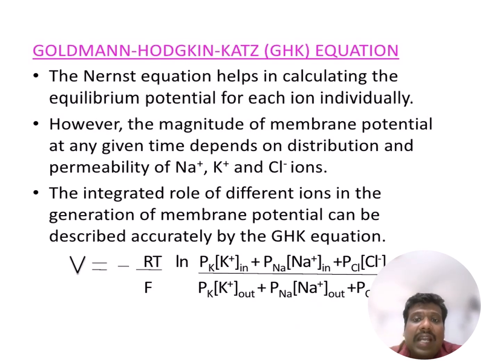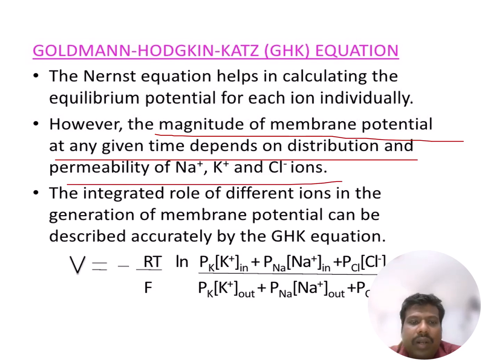Okay, the Nernst equation helps to calculate the equilibrium potential for each ion individually. With the GHK equation, the magnitude of membrane potential at a given time depends on the distribution and permeability of sodium, potassium, and chloride ions. So this is calculated by using the formula.